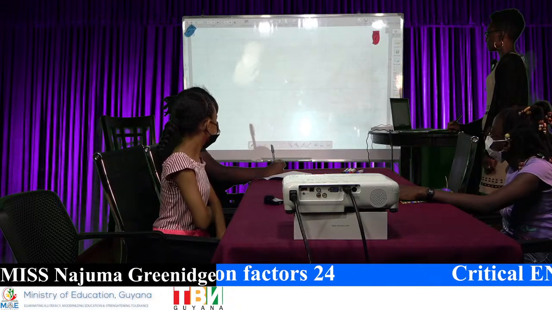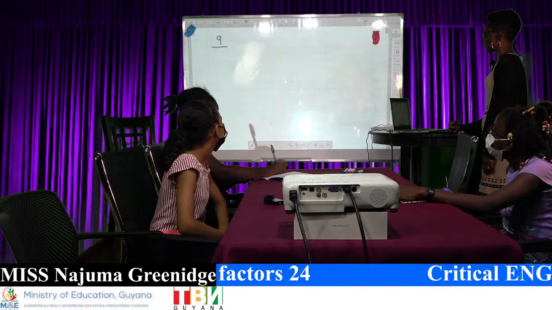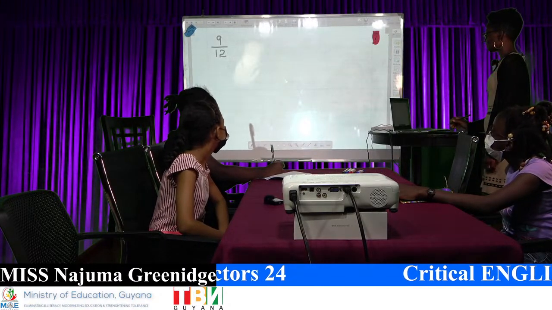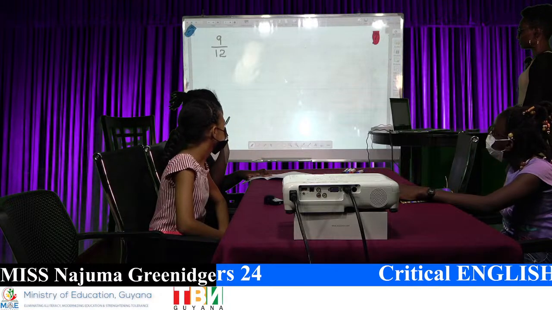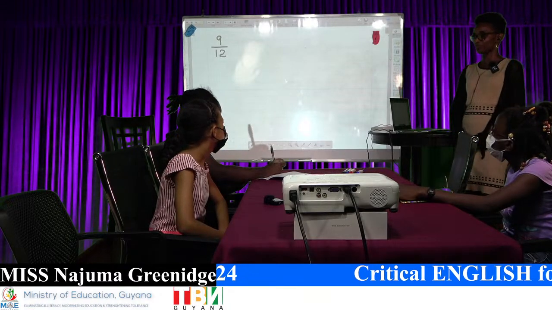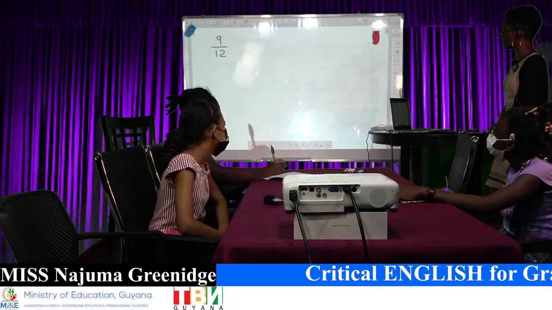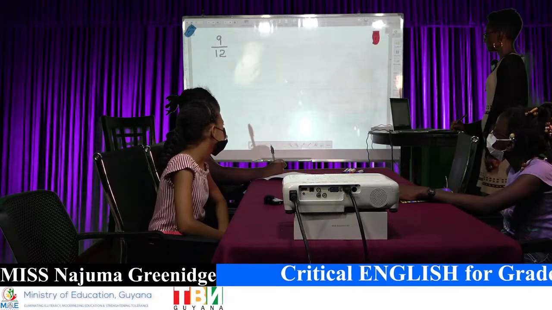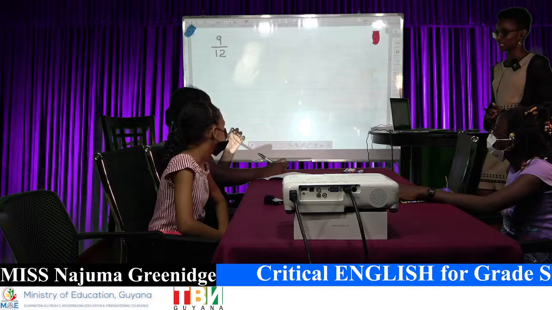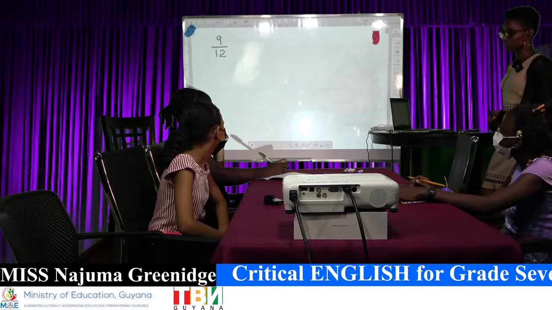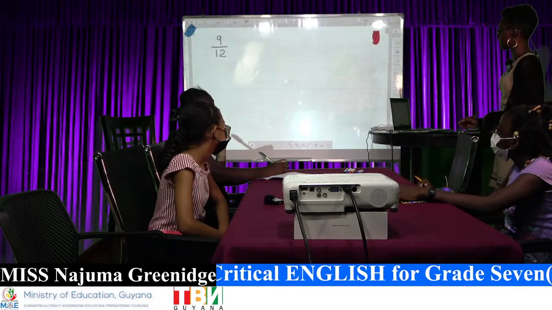So this is how it's used, 9 over 12. So we want to make equivalent fractions, or we can simplify fractions into their simplest form. Right? So that's a typical way in which the highest common factor is used. So just now we found that 3 is the highest common factor between 9 and 12, right?